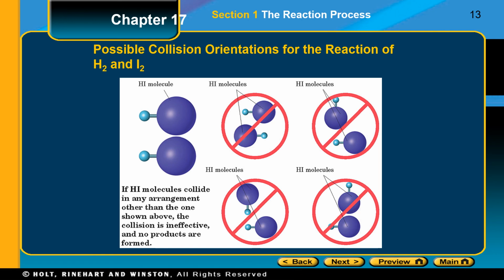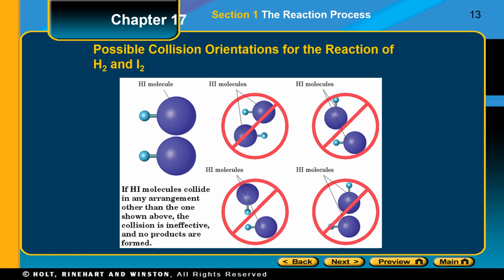So just to kind of review again, for the hydrogen iodide molecule to be formed or to react, we needed to have the iodides next to each other and the hydrogen, the little blue balls in this example, next to each other.